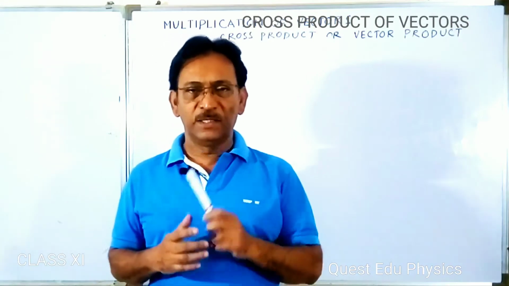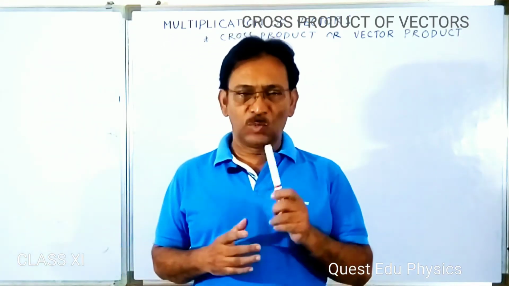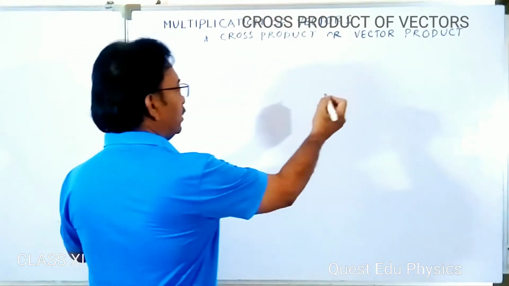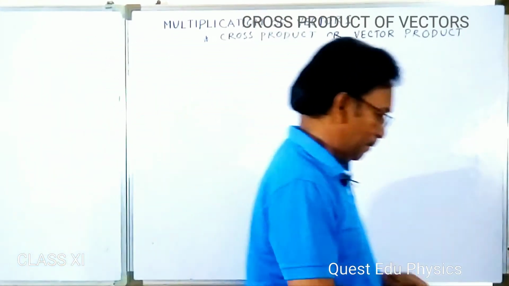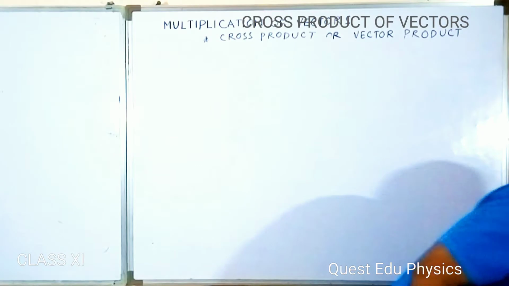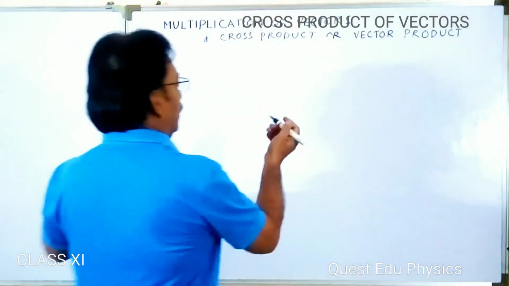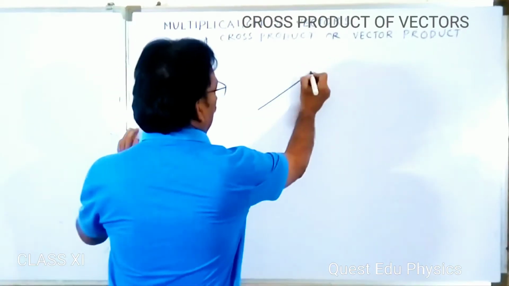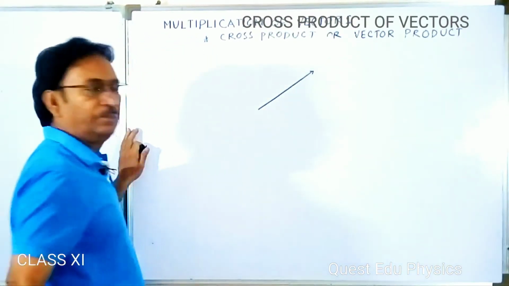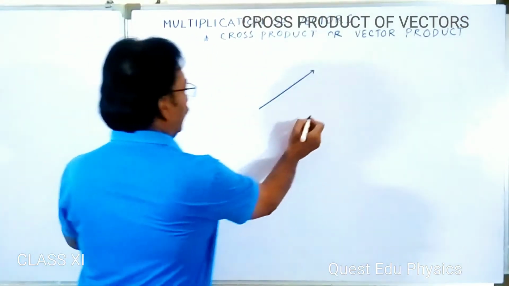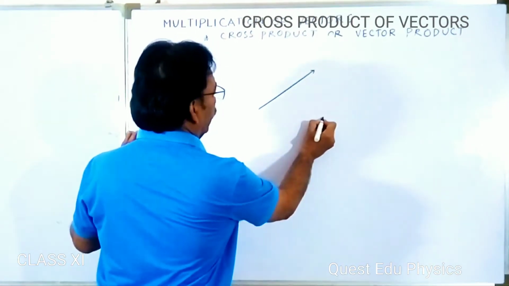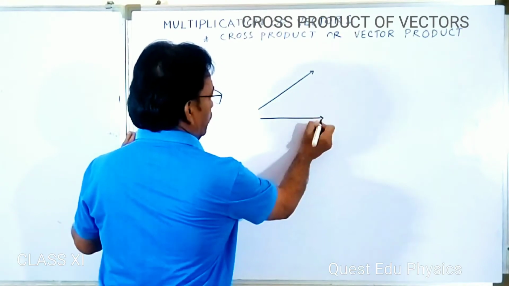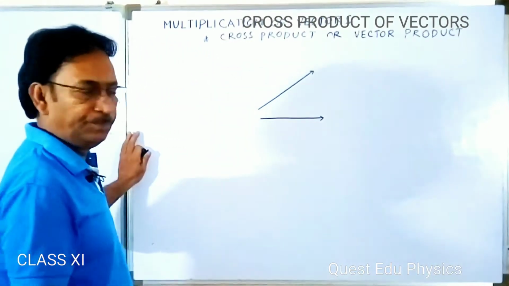Diagrammatically, you can understand this cross product very easily. For example, take two vectors. Say it is vector A, and we have one more vector, the other vector.